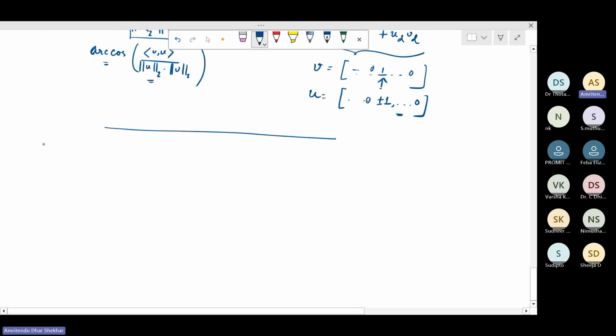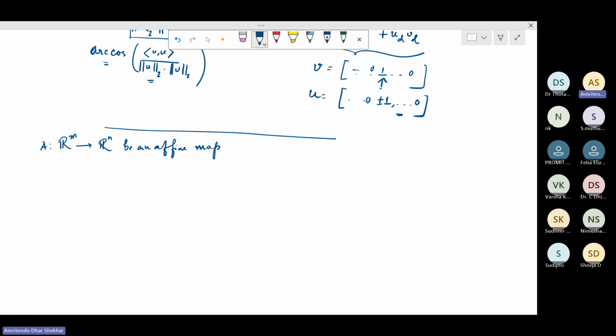Let A from Rm to Rn be an affine map. An affine map satisfies this property.